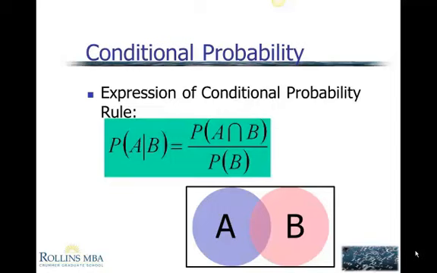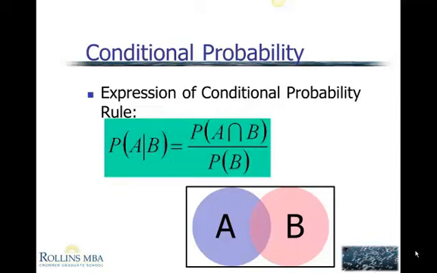So here's what's going on. We're looking here now not just at the probability of A, which would be the proportion, if you will, of the people in the circle A divided by the rectangle, the universal set. But in this case now we're saying, what's the probability of A given that B definitely has occurred or is going to occur? In this case we're not really thinking of the whole rectangle as our universal set.